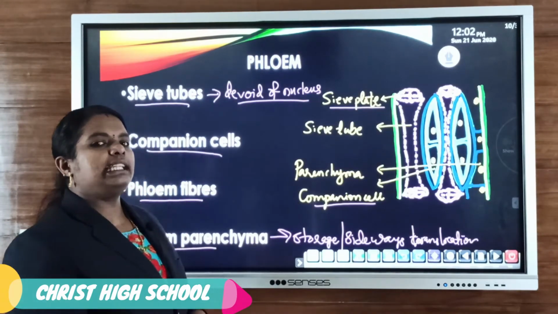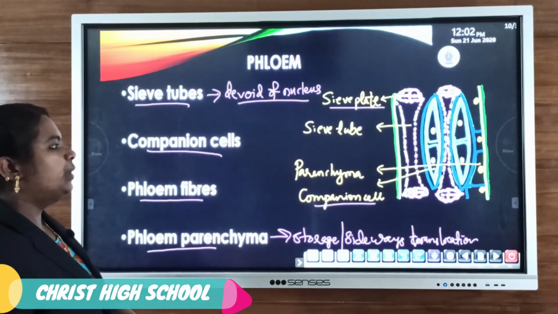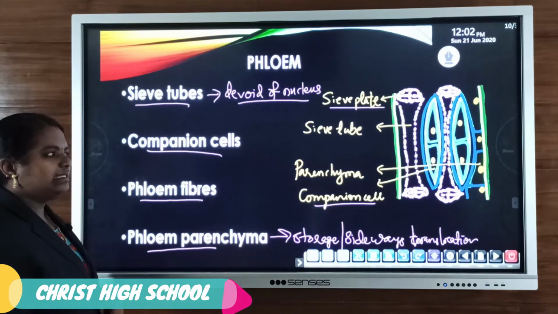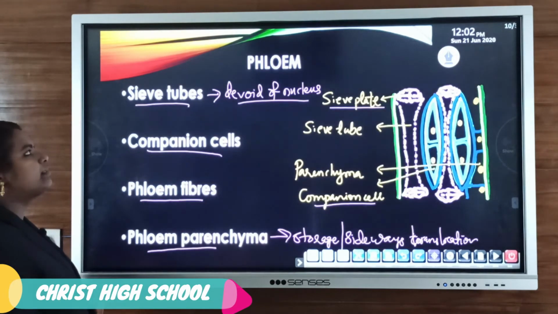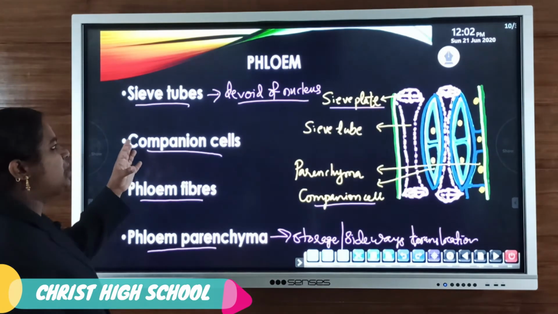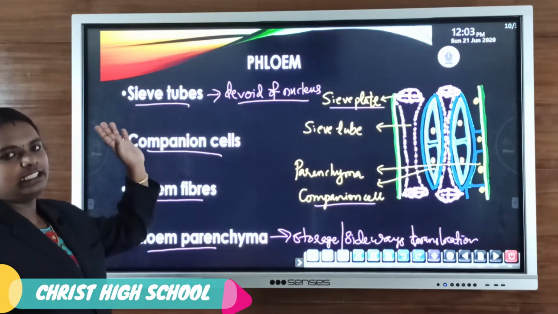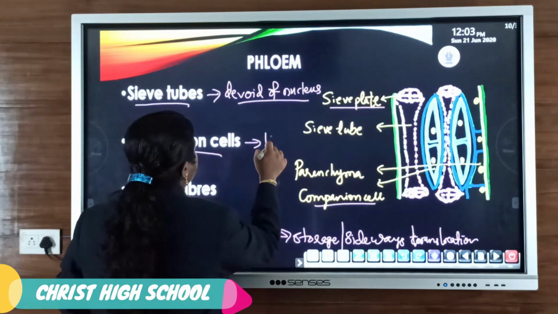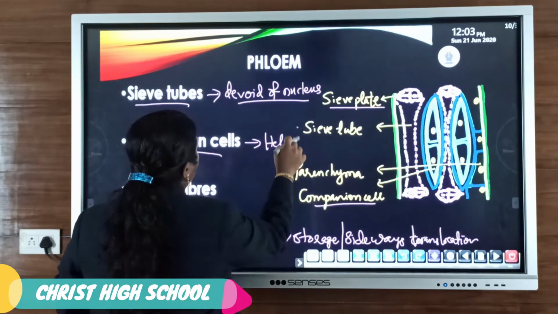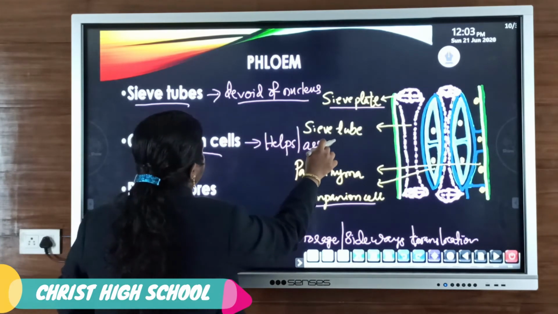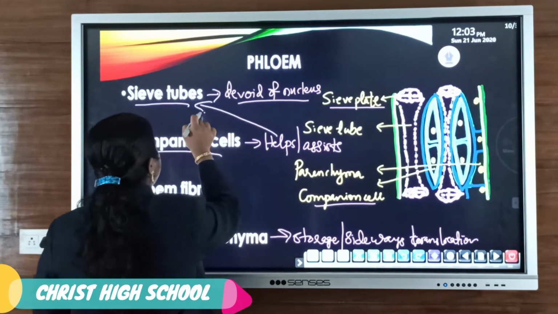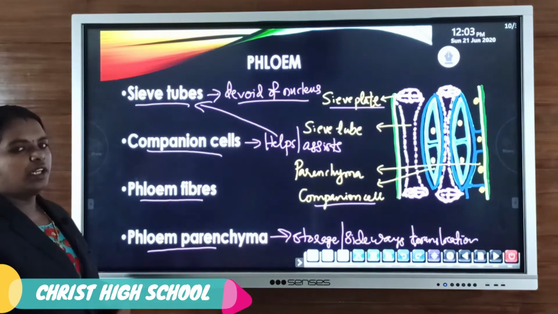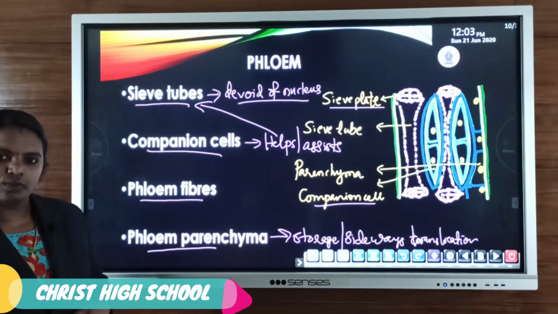The companion cell, which has a nucleus, assists these sieve tubes for conducting or translocating the food. So companion cells mostly assist the sieve tubes for the translocation of food.